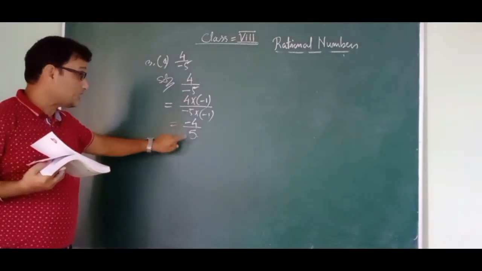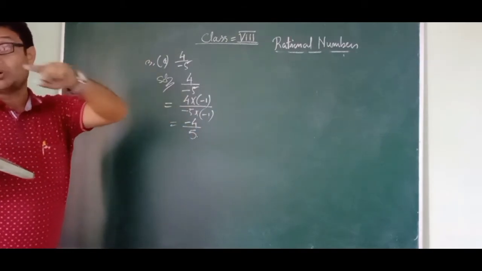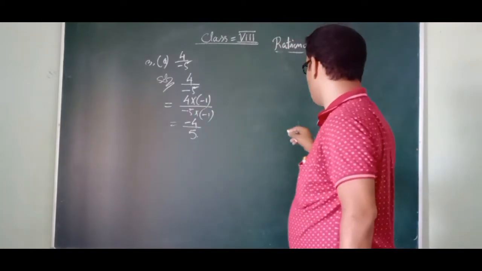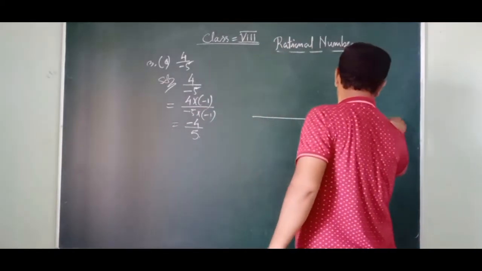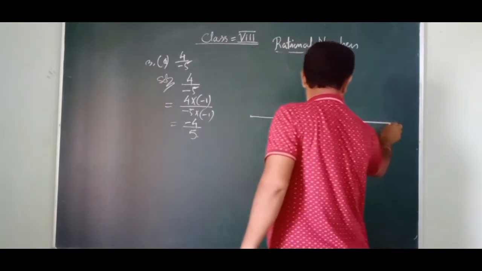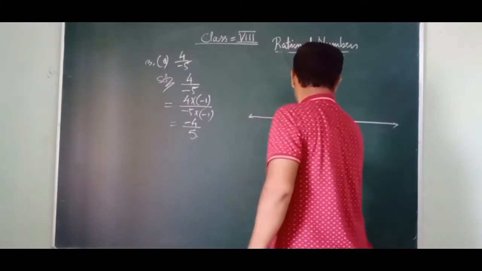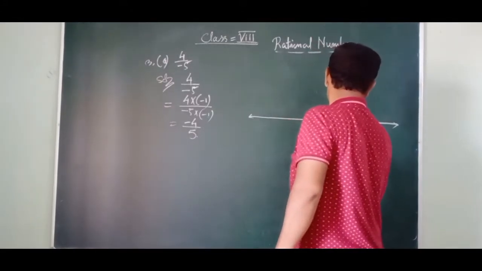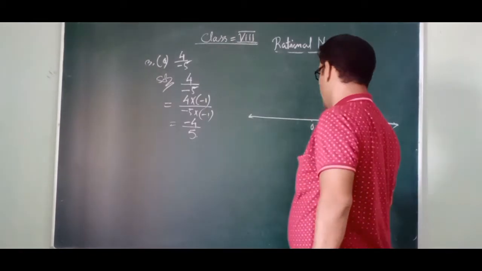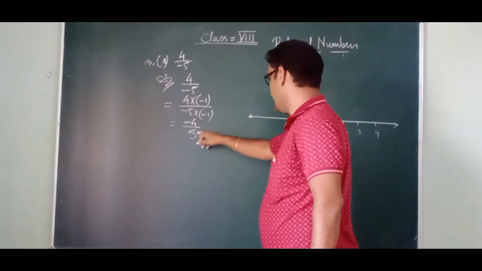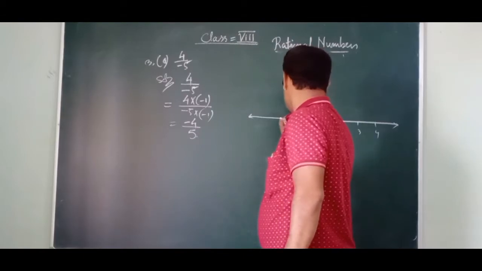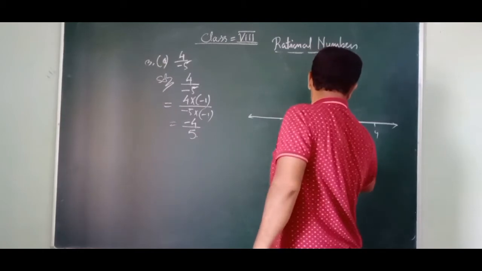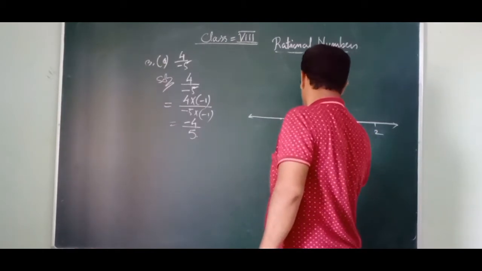Now these things you are going to draw on the number line. So how to draw? Number line, already you know from class 7 onwards. First you draw a straight line, then here 0, this side positive values 1, 2, 3, 4 like this way. Then this side we draw the negative values. Suppose up to here 1, here 2, then up to here 5.